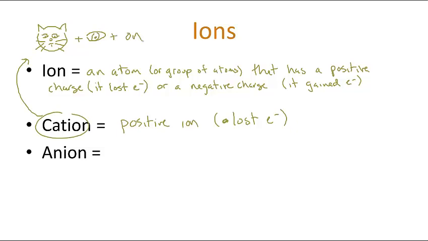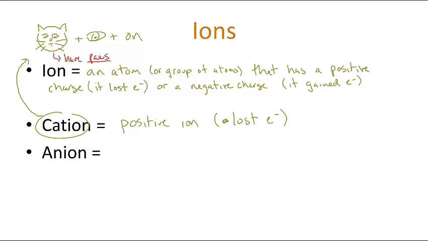You might be tempted to pronounce it cation. It is not cation. It is cat-ion. It's not like vacation. So the way you remember, cats have paws. So cations are positive. Cats have paws, get it? They're positive.